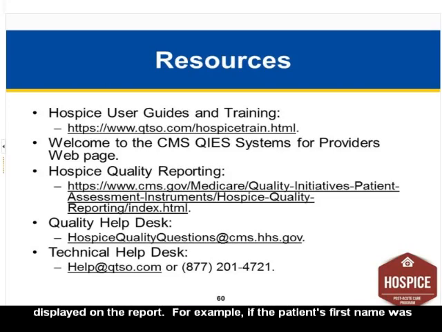For example, if the patient's first name was Joe and the HIS record that was just processed by the ASAP system contained a first name of Joseph and the national database was updated, then those two values will display on the validation report. And again, it is your responsibility to verify that the updated information is accurate.